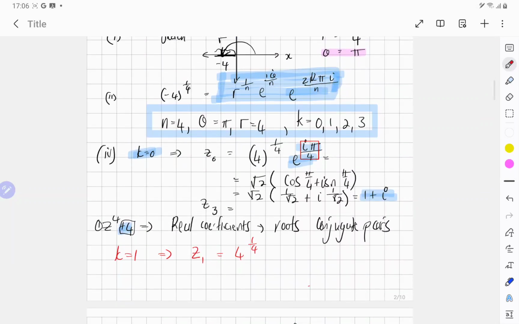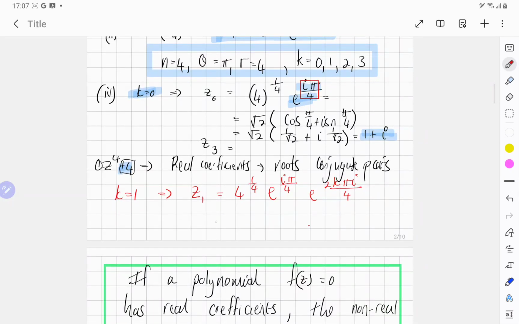Let's substitute into our formula. We will have θ, which we worked out as π, n is 4, e to the 2kπi over 4. Now we substitute k is 1, and we get square root 2 times, remember, we said the e to the iπ over 4 term is 1 over 2 plus 1 over 2i. Now, what is going to happen here?